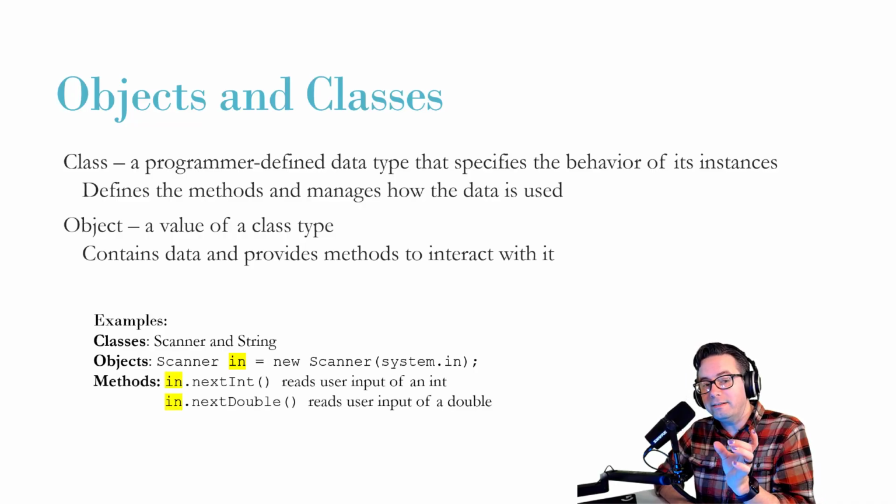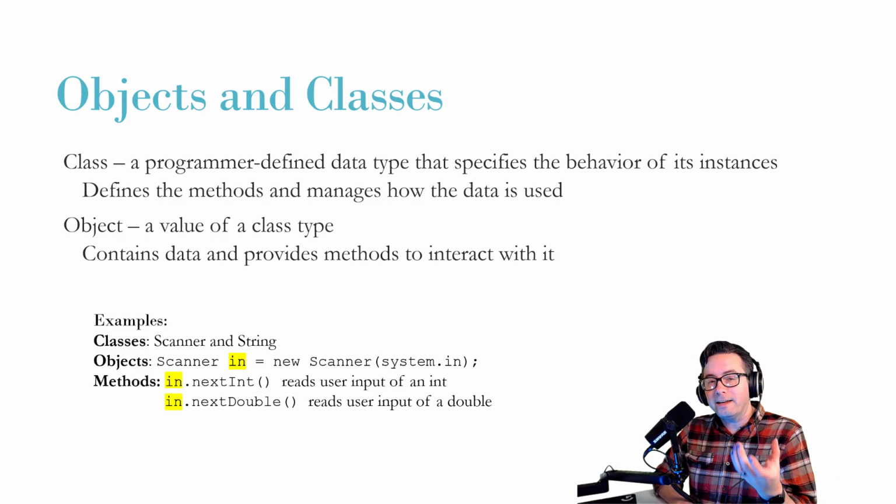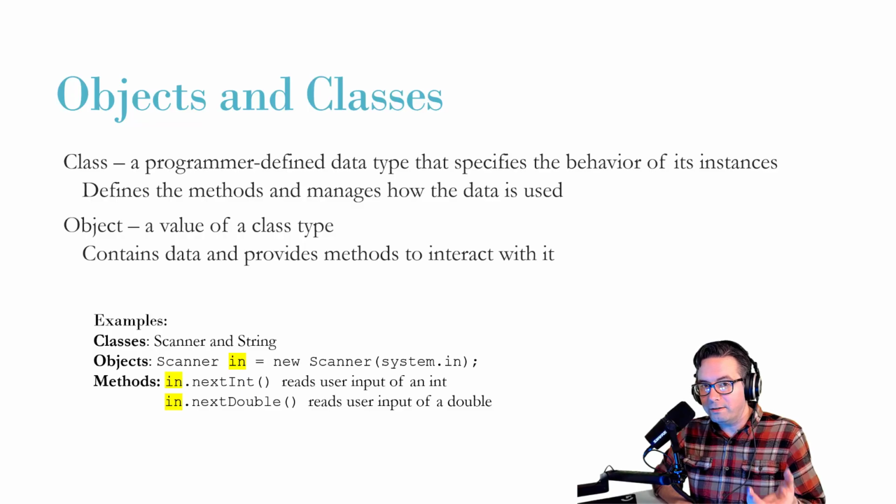Remember, methods, functions, they do stuff, and it's stuff that's tied to that object. It's confusing at first because we're only using scanner once, for reading from the command line. We don't need to create a new scanner every time we want to read the command line for a program. Every time we want to read, we use that object. So we have in.nextInt, in.nextDouble. Those are different ways that we can use that scanner object for reading the int or double, respectively.